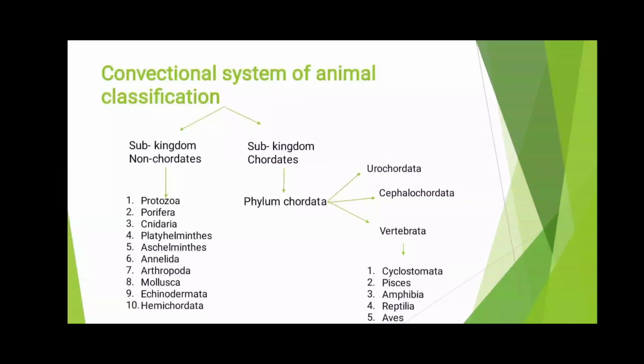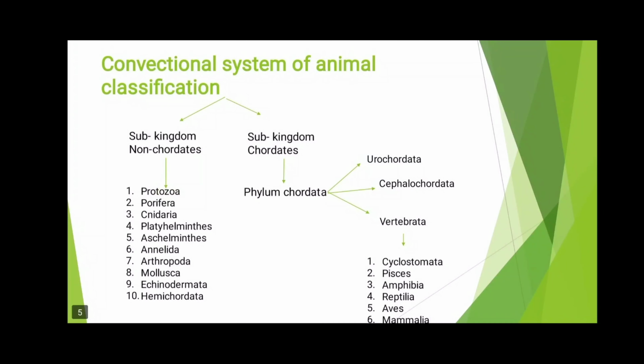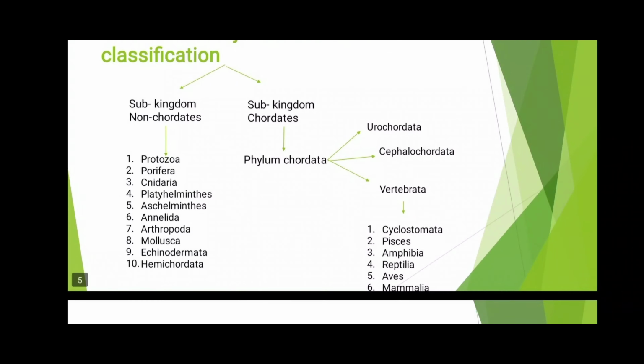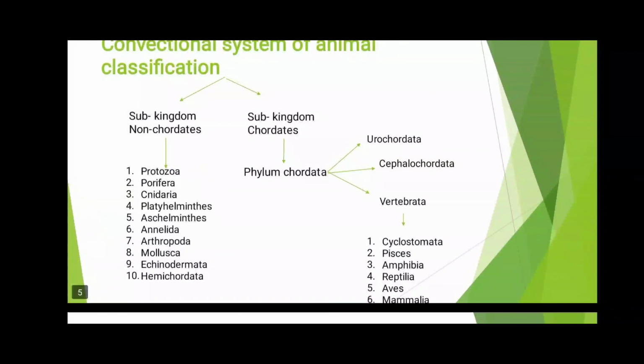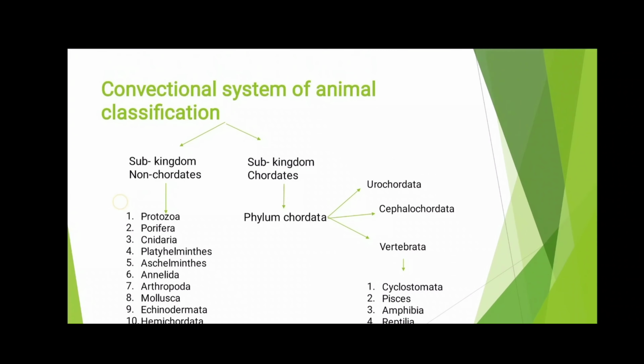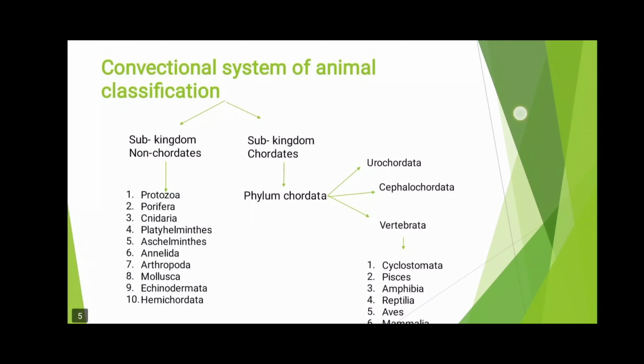Sixth one is annelida. Seventh one is arthropoda. Eighth one is mollusca. Ninth is echinodermata. And the tenth one is hemichordata. Understood? Yes.